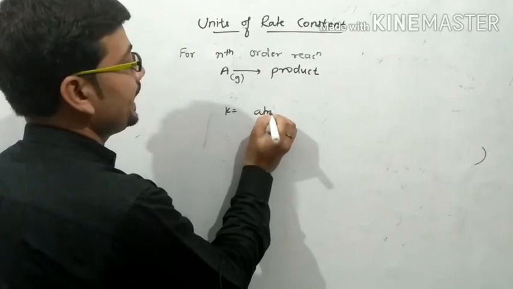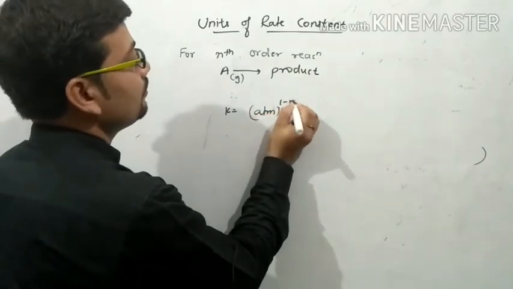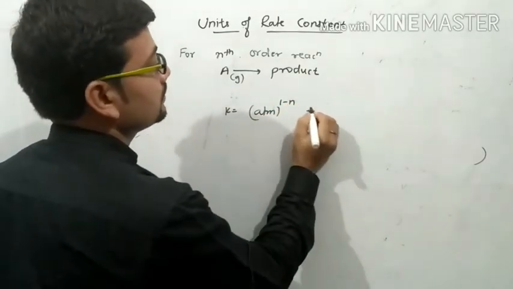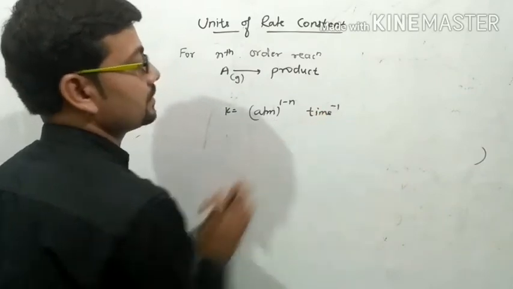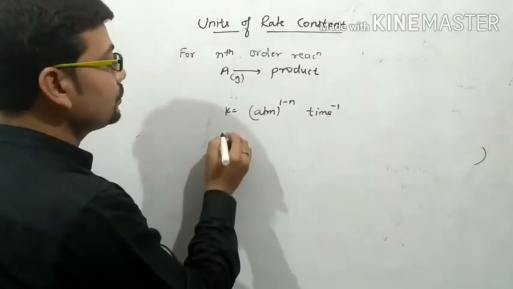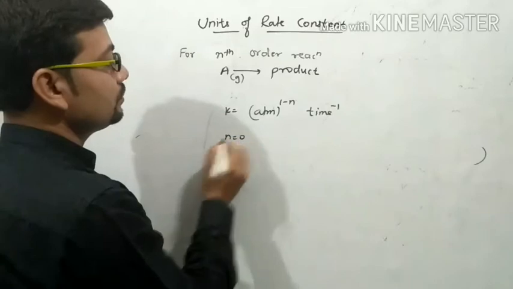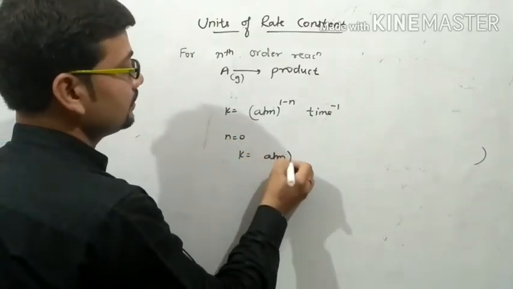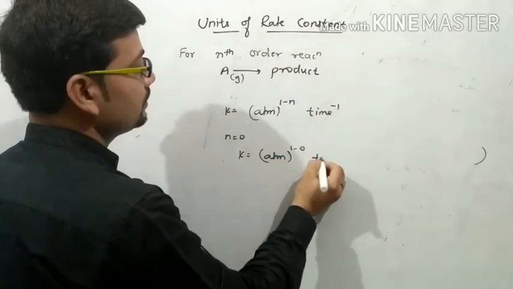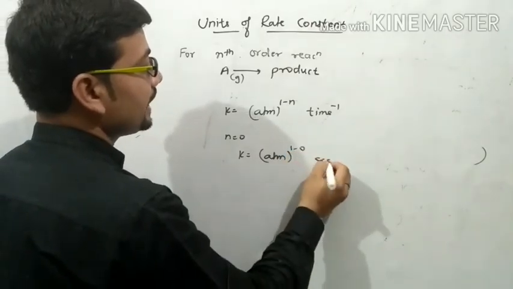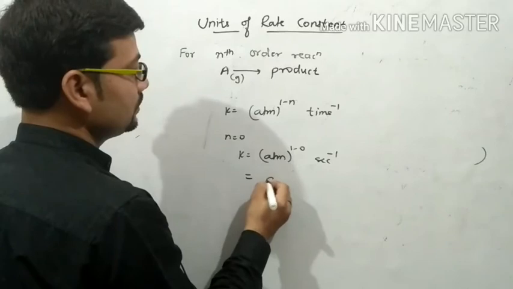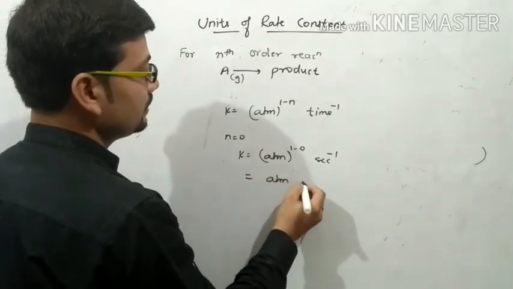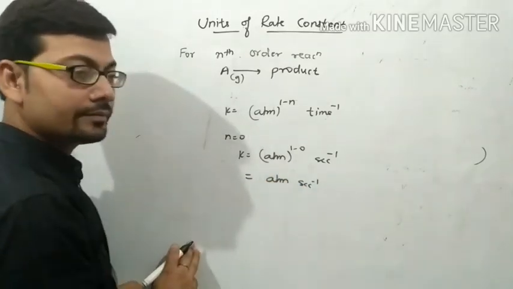So atmosphere to the power 1 minus n, time inverse. For zero order reaction, n is equal to 0, then k is atmosphere 1 minus 0, and time is taken in second. So atmosphere second inverse, right?